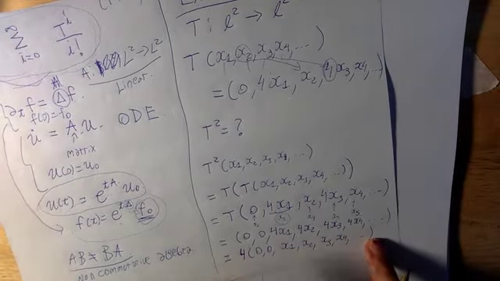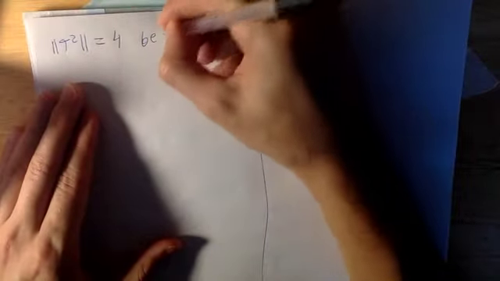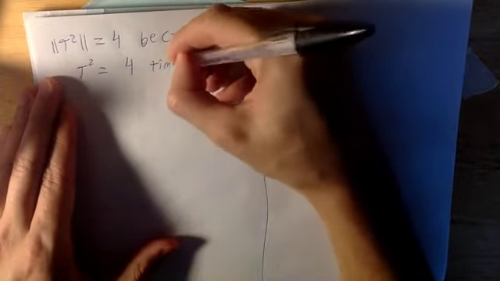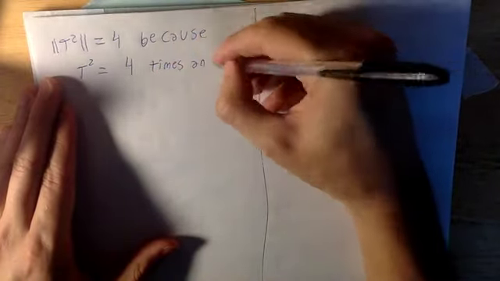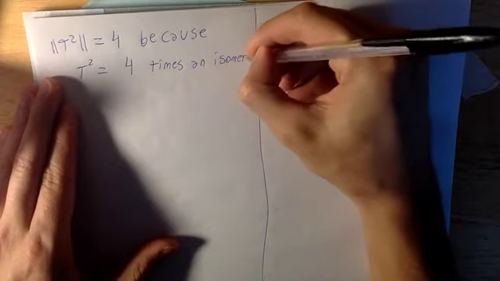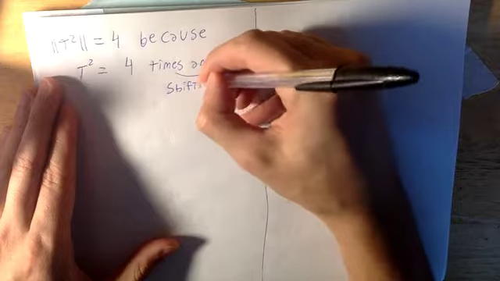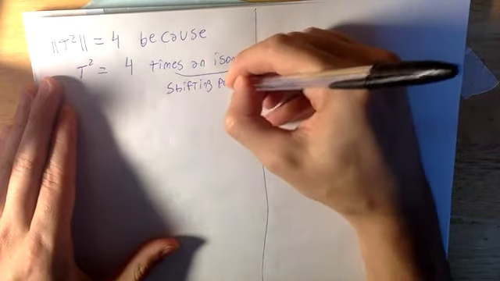So T squared is 4 times an isometry, which is shifting positions to the right.